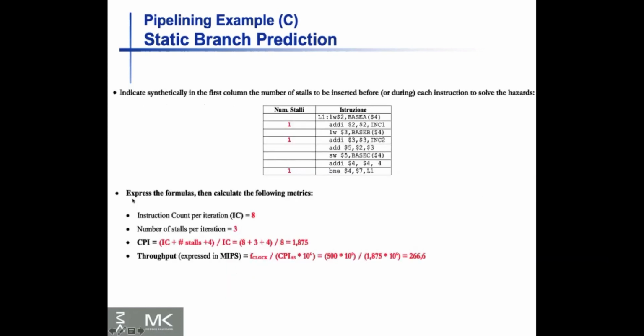So we saved one more stall here. We removed that control hazard because now we always know when we reach here, there is L1, backward taken, okay? So now instead of 4 stalls, now we have 3 stalls, and our CPI is even lower, which is better, 1.875. So now our throughput is even higher than 250, which is 266 now. Okay. So now we are in a much better shape now.